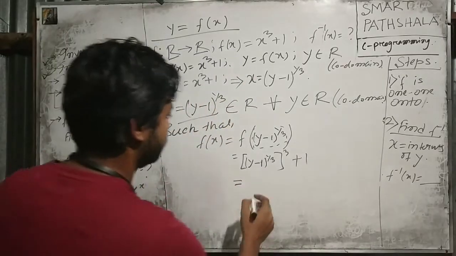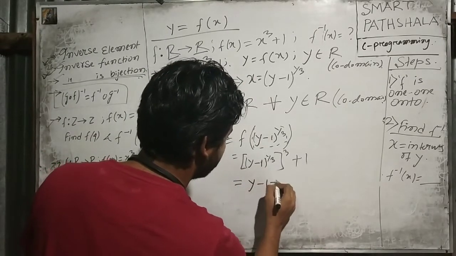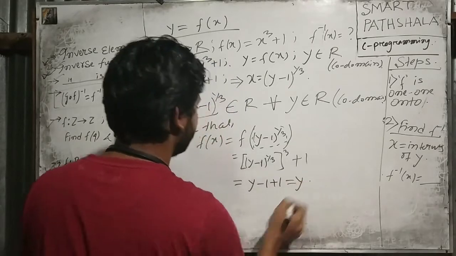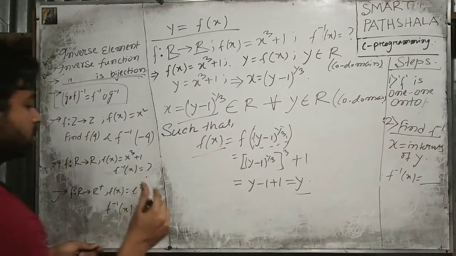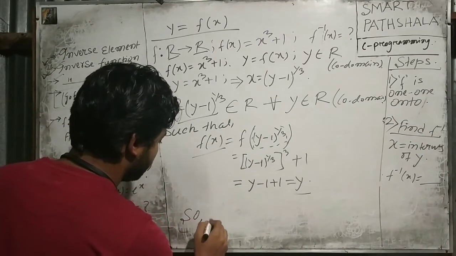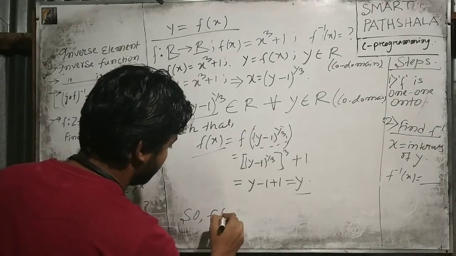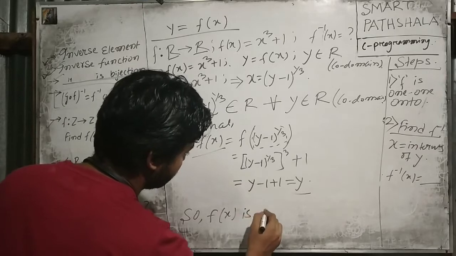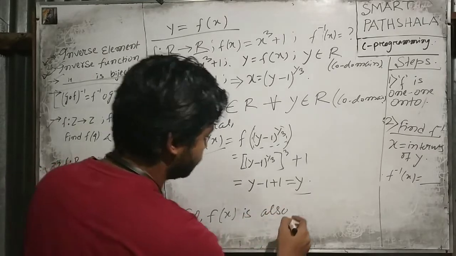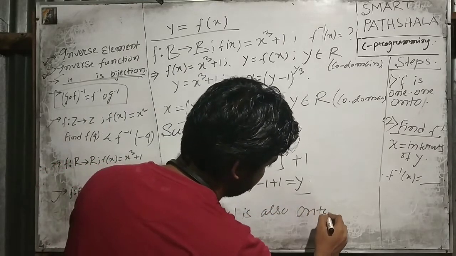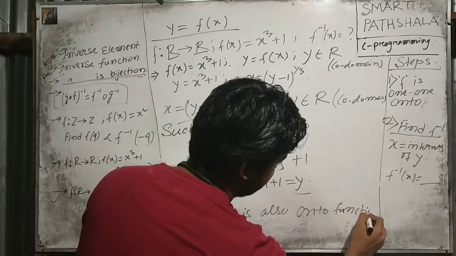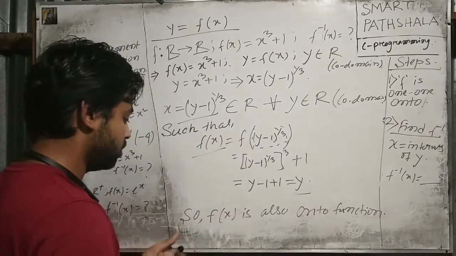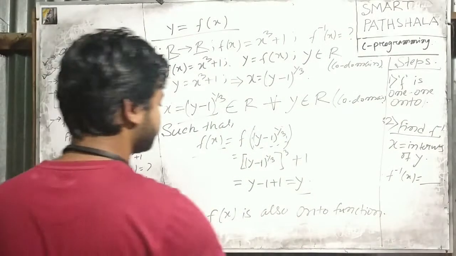And then y minus 1 plus 1 will get a y, which means we are getting y is equal to f of x, right? So f of x is also an onto function.